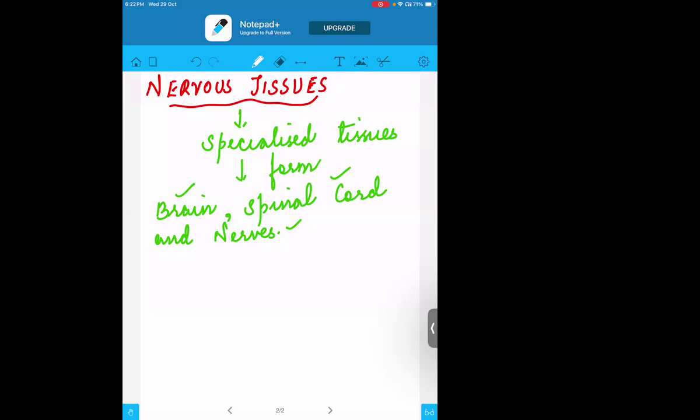Why are the brain, spinal cord, and nerves important? They are important to transfer messages. If in any person the brain does not work, then the whole body does not work because the coordination will not be there. It is like being in a class without a class teacher. There will not be any coordination between the children and the teachers of different subjects.